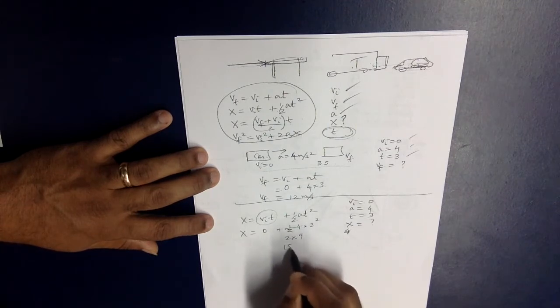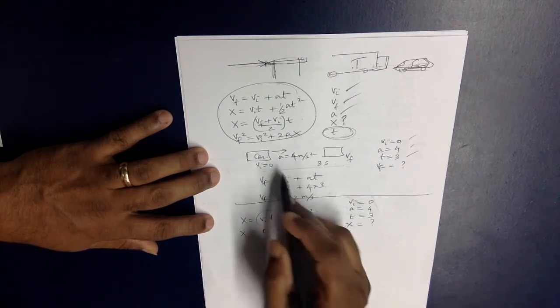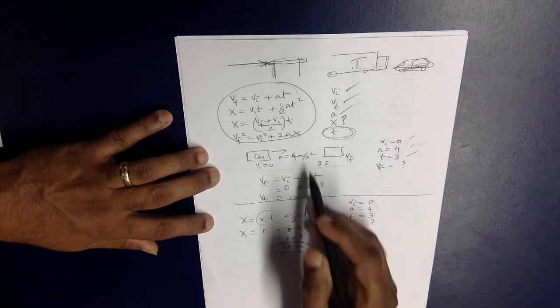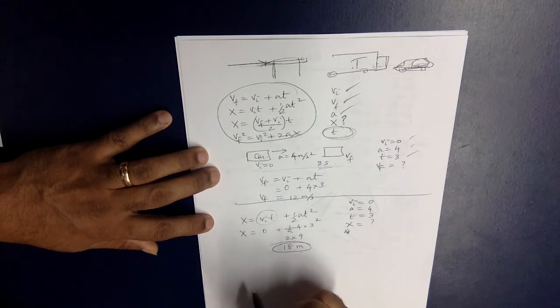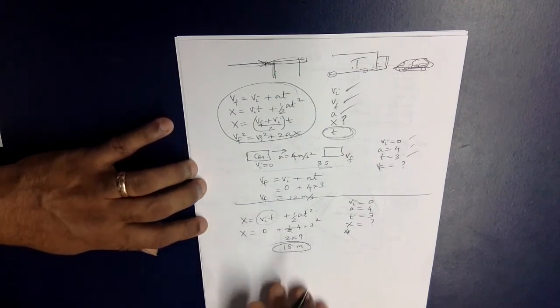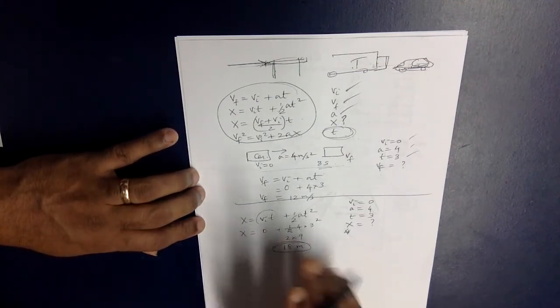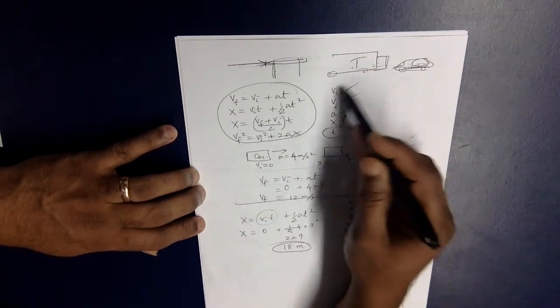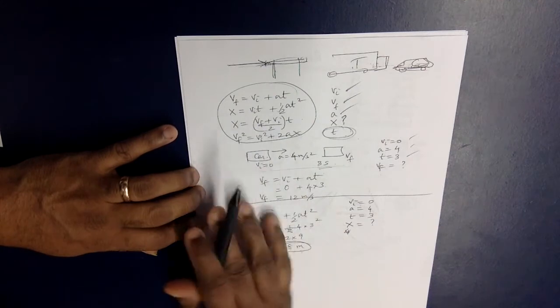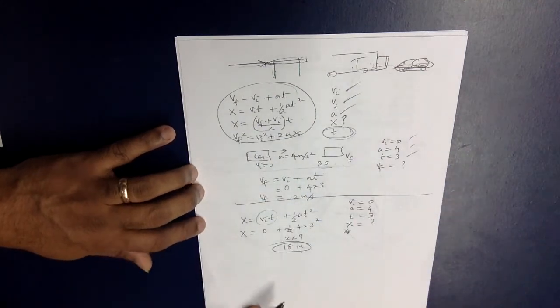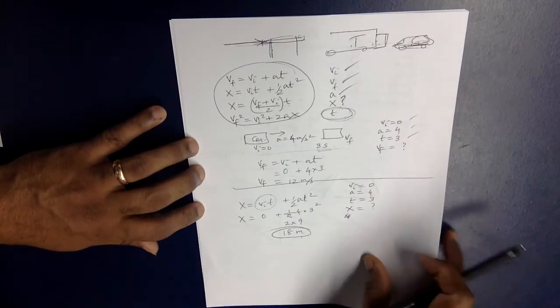So the answer is 18 meters. The car must have moved 18 meters in 3 seconds. Hope that is clear. So any problem related to these quantities, list them, pick the correct equation, and go on. I can give you another question.